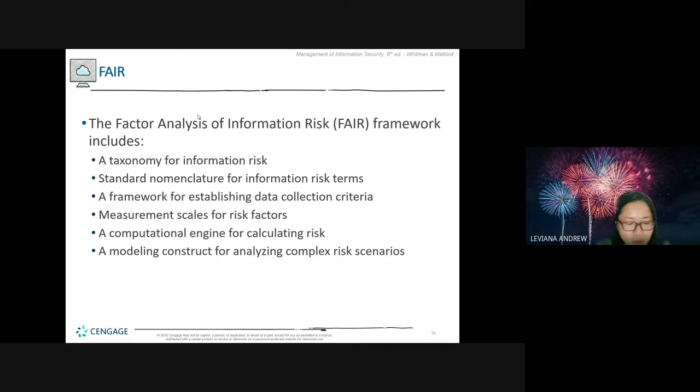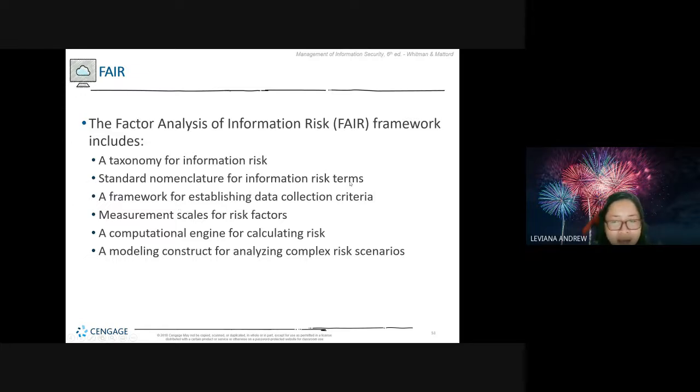The FAIR framework includes a taxonomy for information risk. Taxonomy is understanding. And then standard nomenclature for information risk terms.